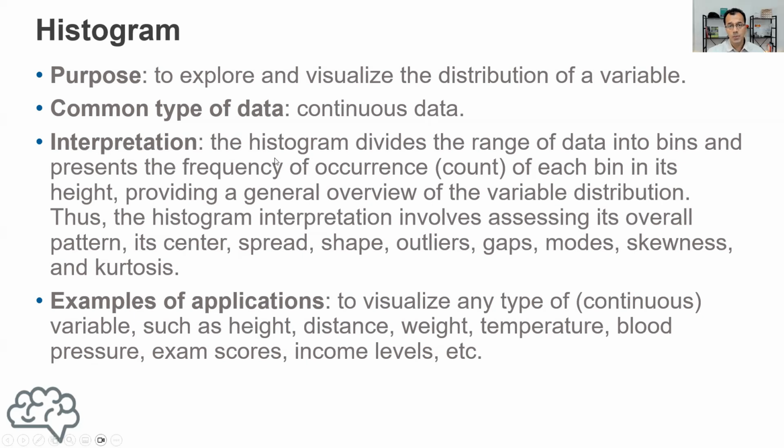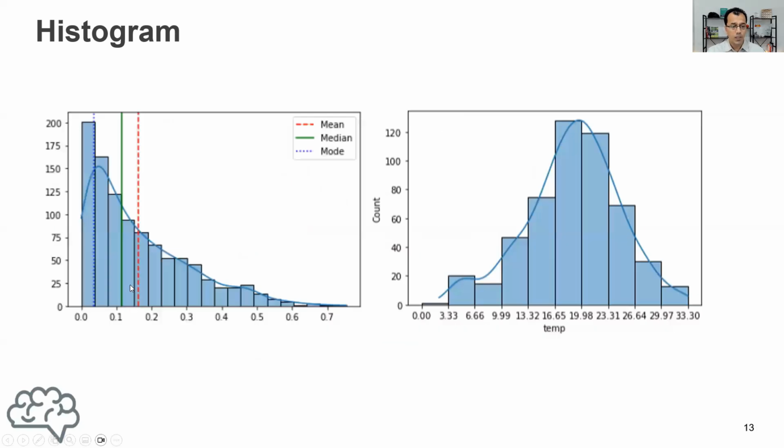And the idea of the histogram is very simple. It basically divides the range of a given variable into different bins or sub-ranges, and it counts the frequency of occurrence of objects within each of the bins that have been used to divide the whole range of the variable. So let's have a look at it. In this case, I'm simply plotting a random distribution here, and here I am plotting the variable temp for the forest fires data set.